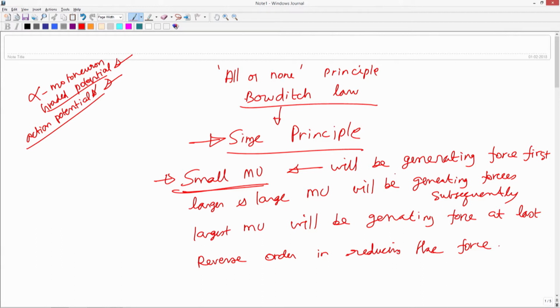So, the muscle generating force is actually called recruiting. It is like the muscles are recruited for generating the force. So, while increasing the force, more and more bigger motor units are recruited, while reducing the force, the largest motor units are dropped first and then the smallest motor unit is dropped last. This is called the size principle.